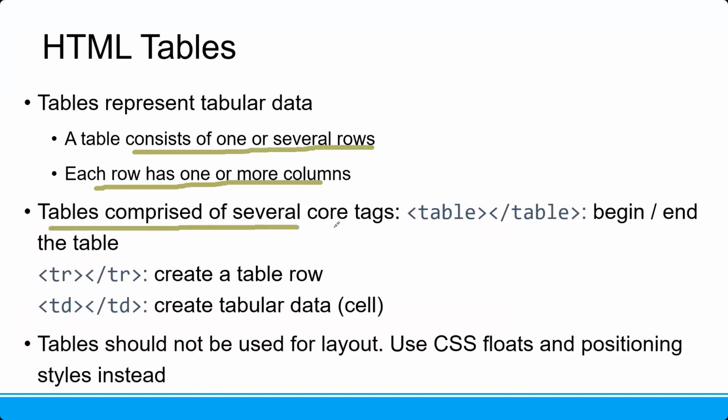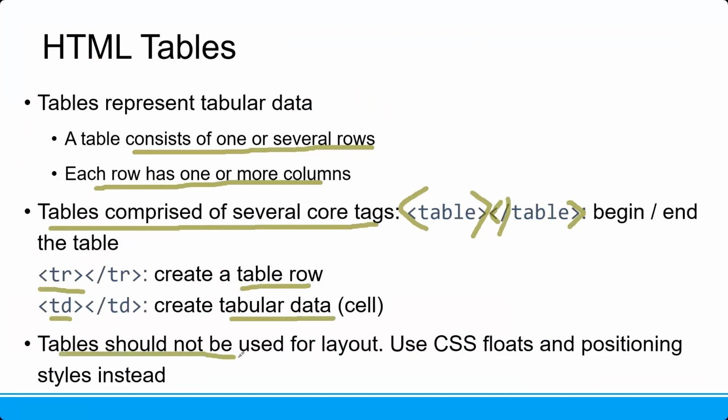Tables comprise several core tags. We will start the table with the angle bracket, and we need to close the table with the angle bracket with slash table, and we need to define the row. TR means the table row, and TD is the tabular data.